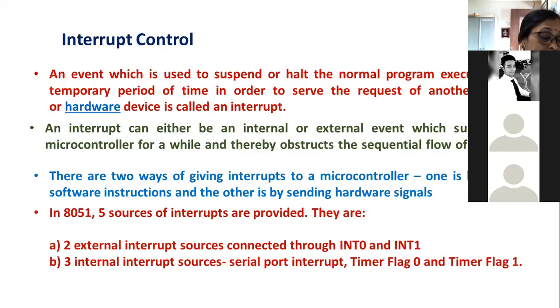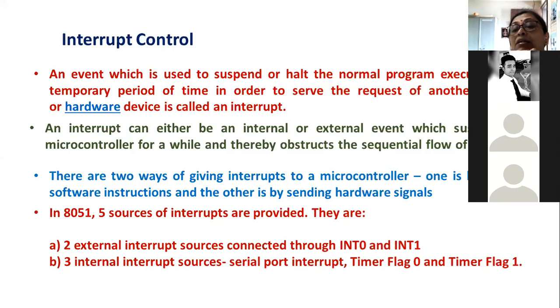And to do this, the interrupt control unit has two special function registers, called IE and IP. The meaning of IE is interrupt enable register, and IP is interrupt priority register.